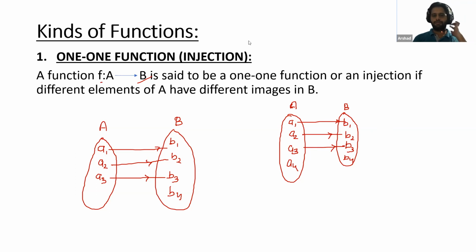Okay. Josefa, this is a 1-1 function or not? Very good. Josefa, what is the reason? You can unmute yourself, Josefa. What is the reason?